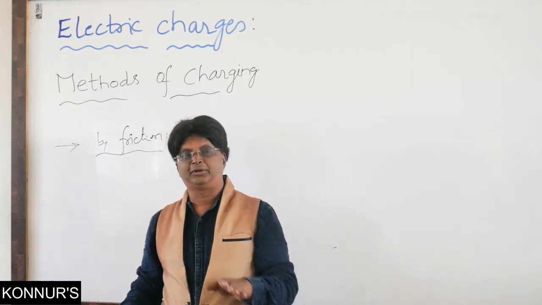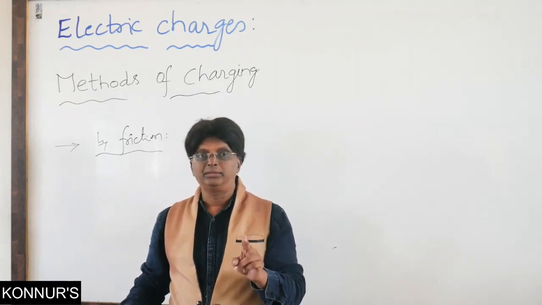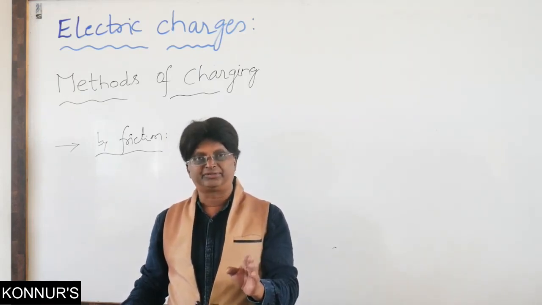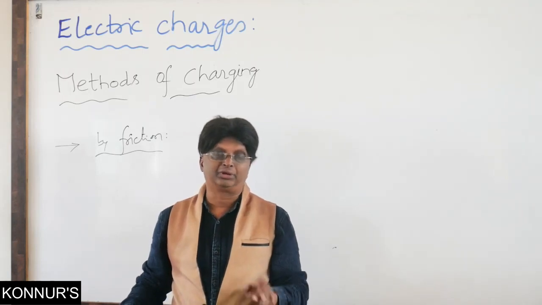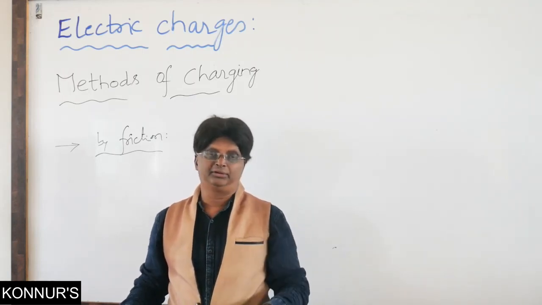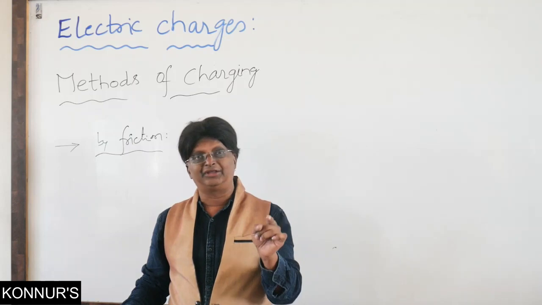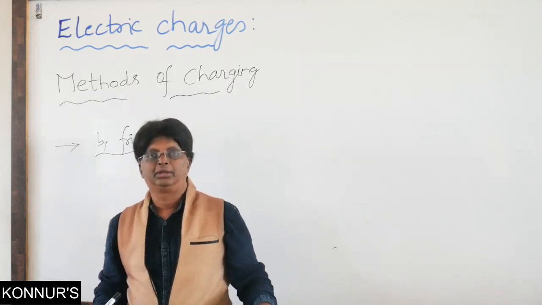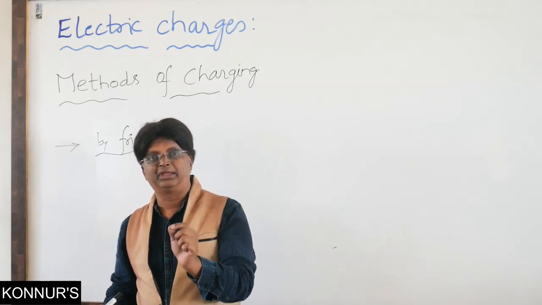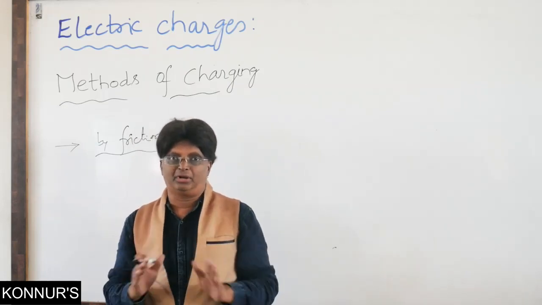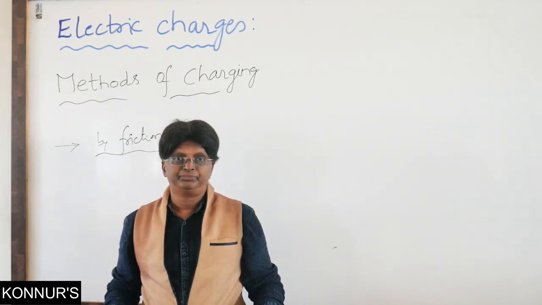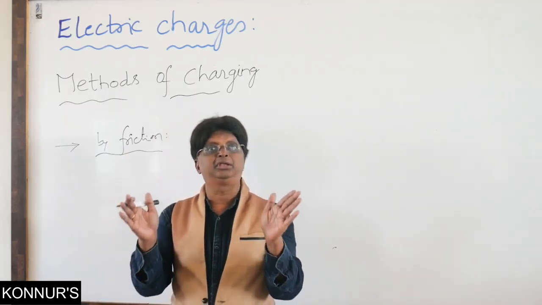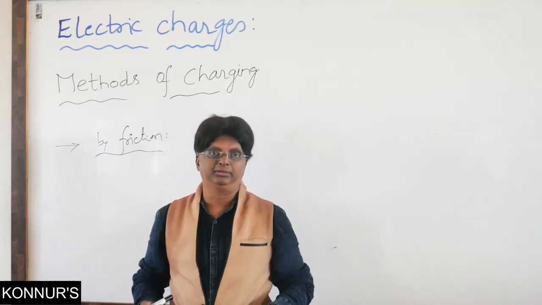In this process of rubbing, what happens? One body loses electrons, so gains excess positive charge. Whatever electrons are lost by one will be gained by the other, and that will acquire excess negative charge. Therefore, in the process of friction, what is happening? Yes, exactly, material transfer of electrons is happening.